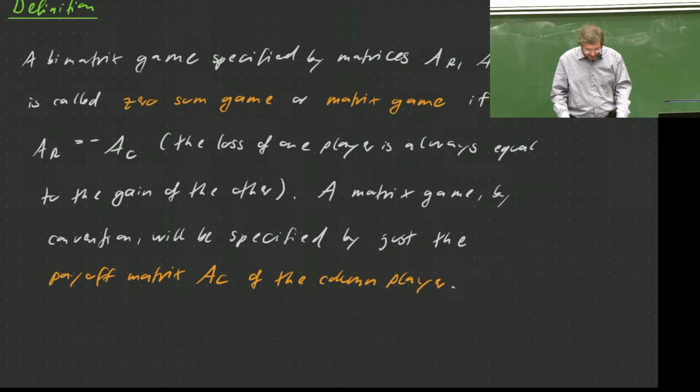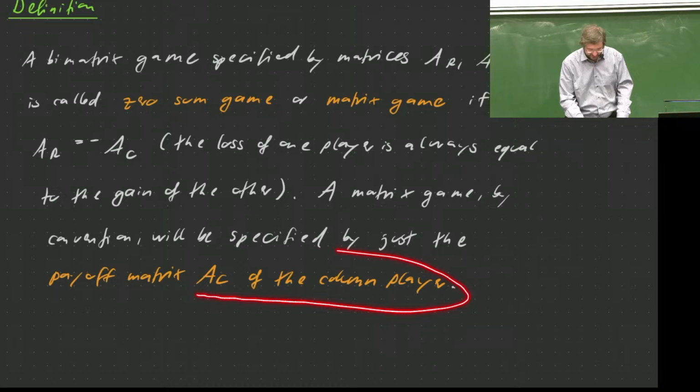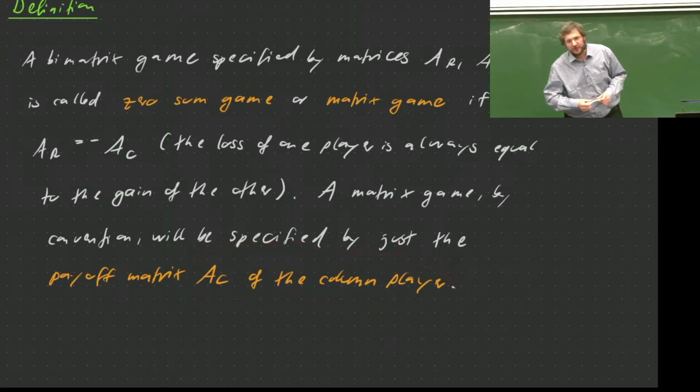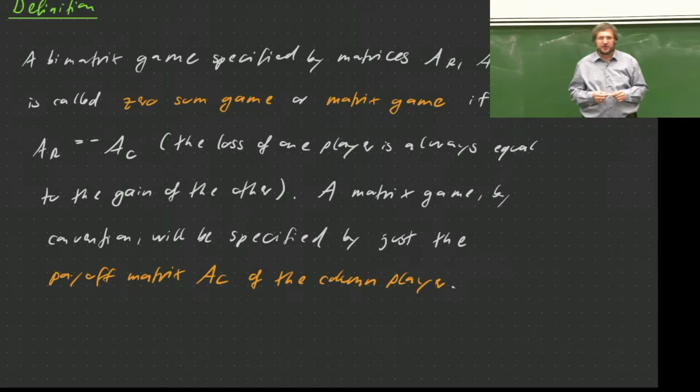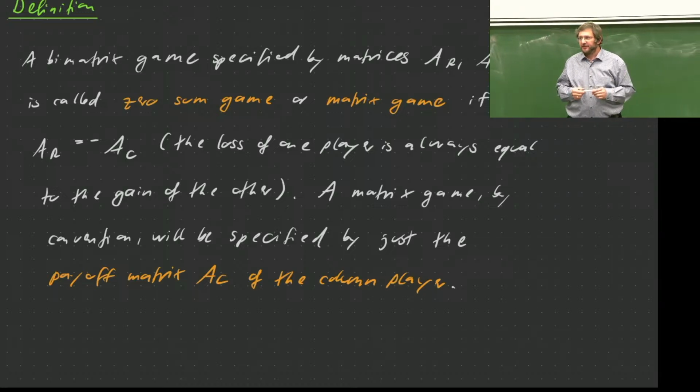In this course, we'll always use the matrix AC. So the column player information will always be displayed in a matrix game. If you want the row player information, you'd have to take the negative of that matrix. Again, that's just a convention, and in several books you'll find different conventions. But in this course, we'll always use the column player's payoff matrix.